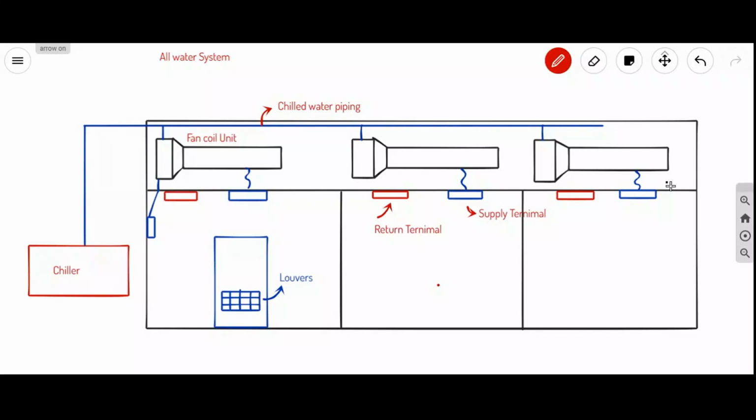Got it? False ceiling. FD, flexible duct. Make a note.